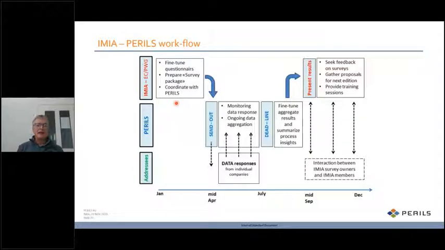Then this survey package will be given to Perils, and Perils will send out by about mid-April. It's not yet fixed, absolutely, but we anticipate about mid-April sending out the entire survey package to the addressees or participants in the survey.